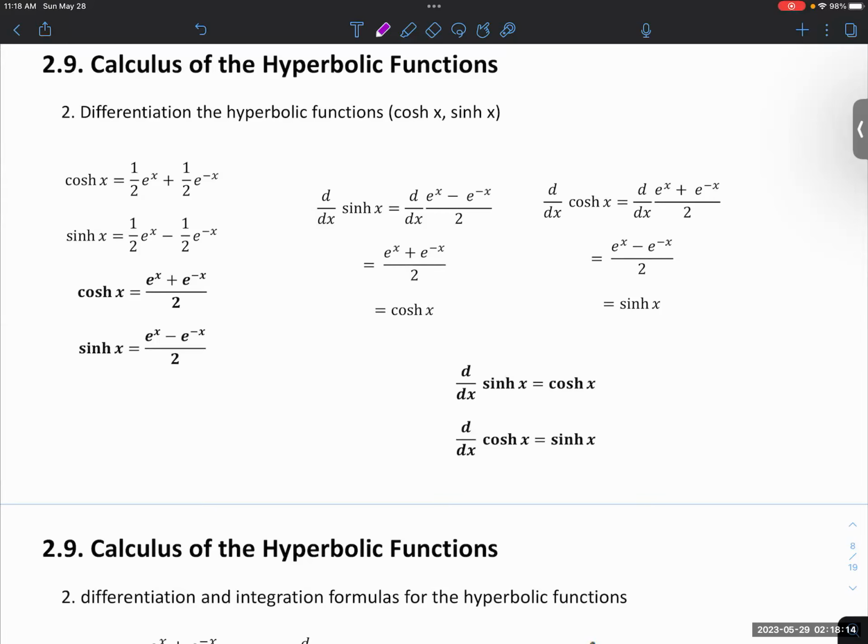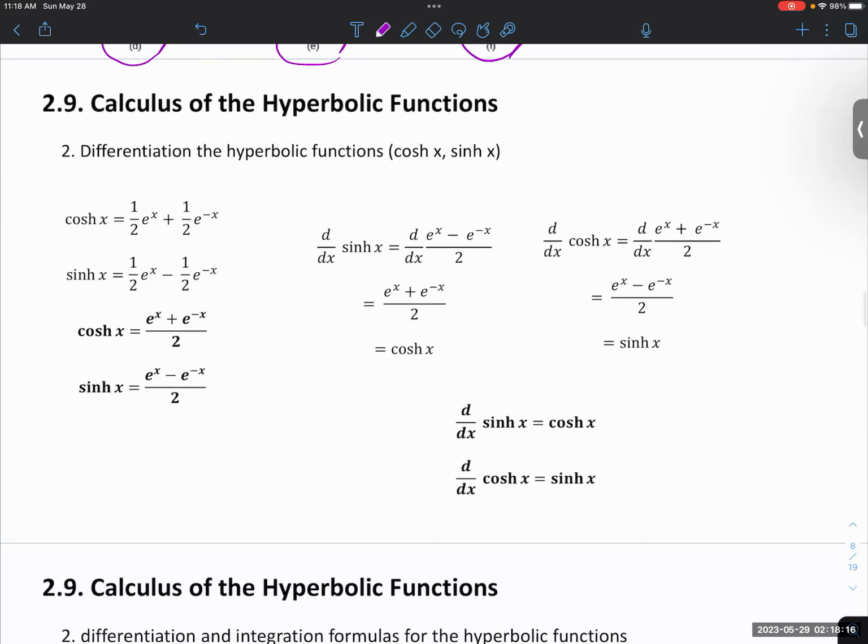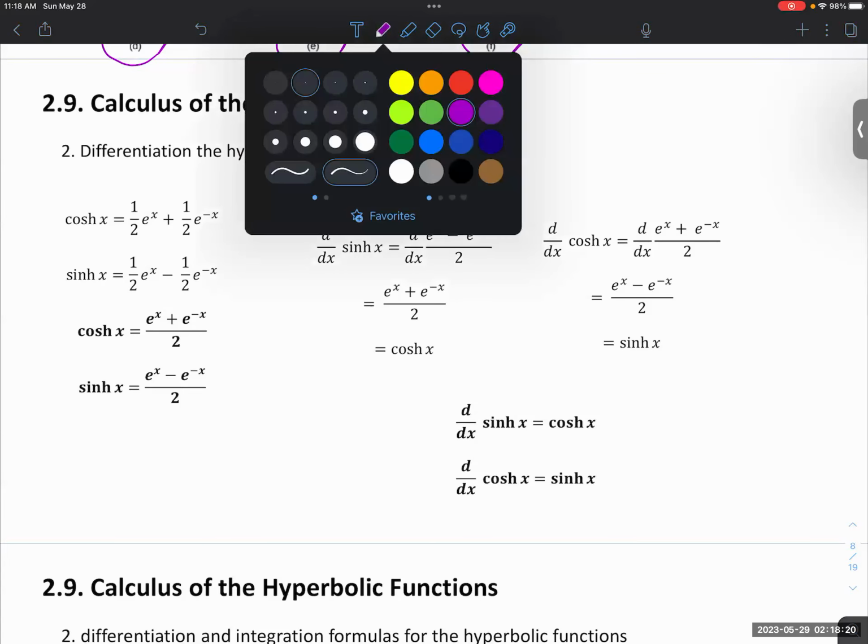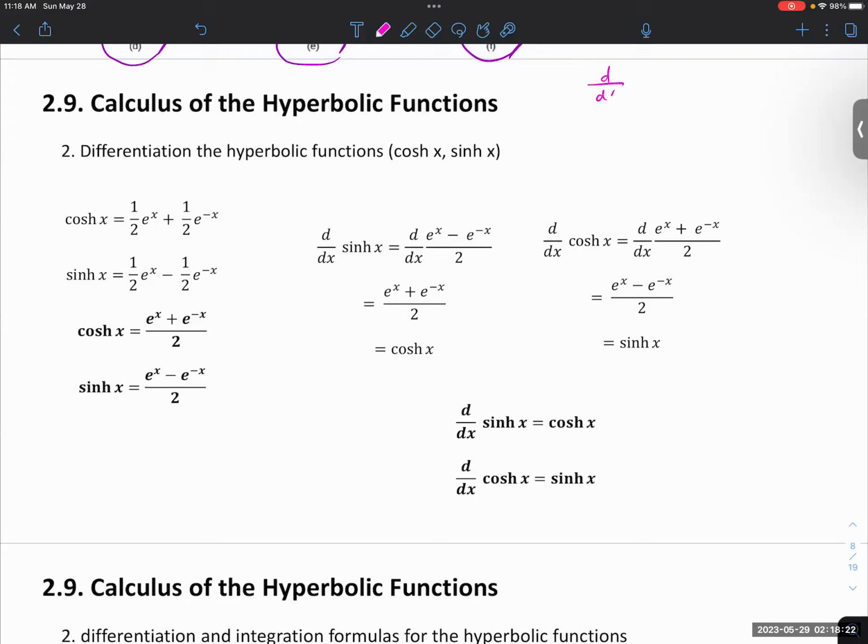A little bit of background: we know how to take the derivative of the exponential function. If you remember, d over dx of e to the x, everybody knows it is e to the x. d over dx of e to the nx, if you have some constant, is 1 over n times e to the nx.